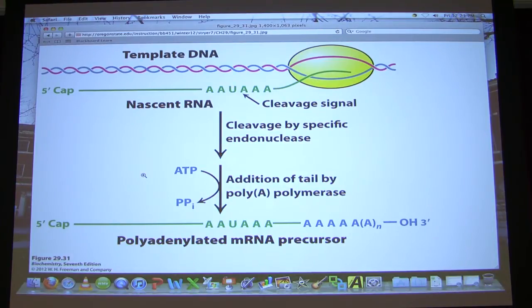If I put a few hundred poly-A's on here, and what I just told you was that the stability of messenger RNAs is determined by whether they get degraded at the 5' end or at the 3' end, we start thinking that, well, the more poly-A's there are on there, the further a nuclease has to chew in before it gets to the meat, that is the coding region.